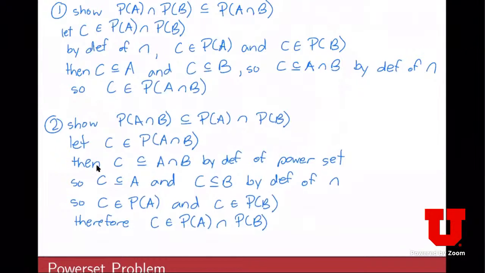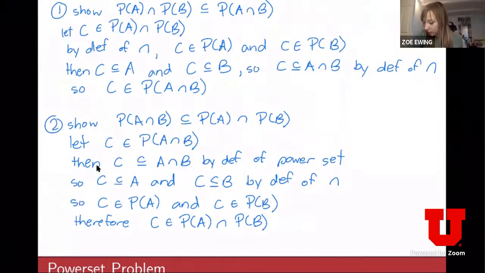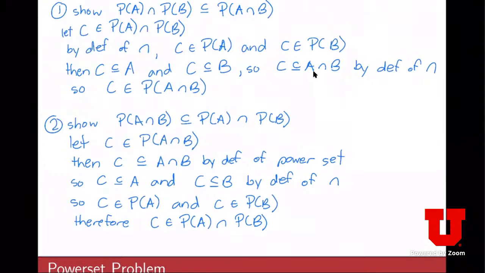If C is a subset of A, C will always be an element of the power set of A. Yes, because the power set includes every single possible subset. That's the definition of the power set. So any possible subset of A is going to be in the power set. So we can make that jump always.